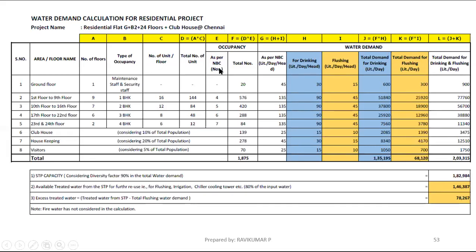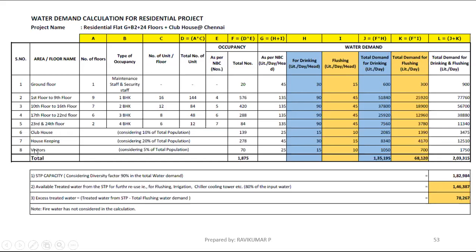As per NBC, how much do you have to consider for each unit? 7 people for the 4 BHK unit. 7 into 12, total number of units into 7, you will get 84 people, the total people going to occupy the two floors. For each person you have to consider 135 liter water demand, 90 liter for domestic and 40 liter for flushing. So you will get a total demand of 11,300 liter.